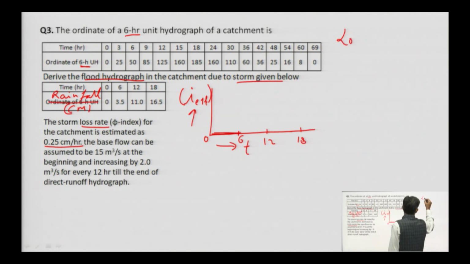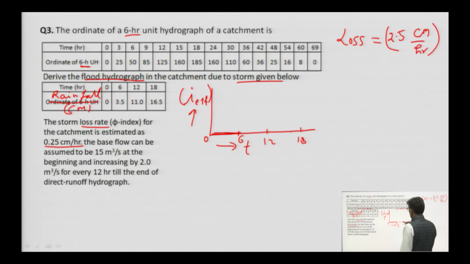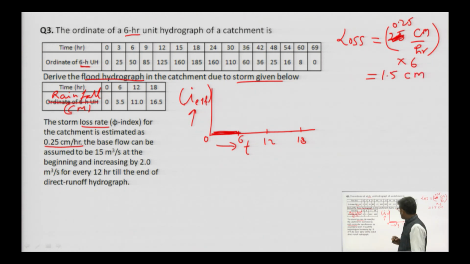For 6 hours, the loss is 0.25 multiplied by 6, which is 1.5 centimeter.